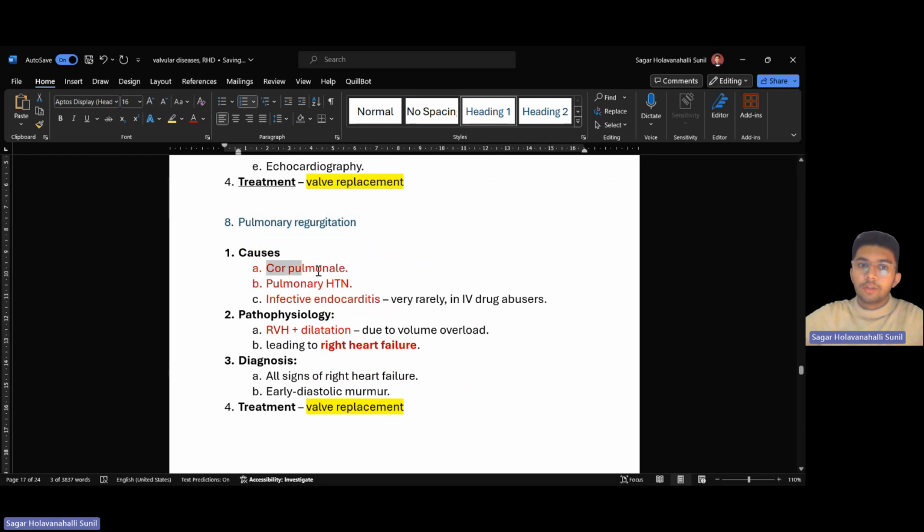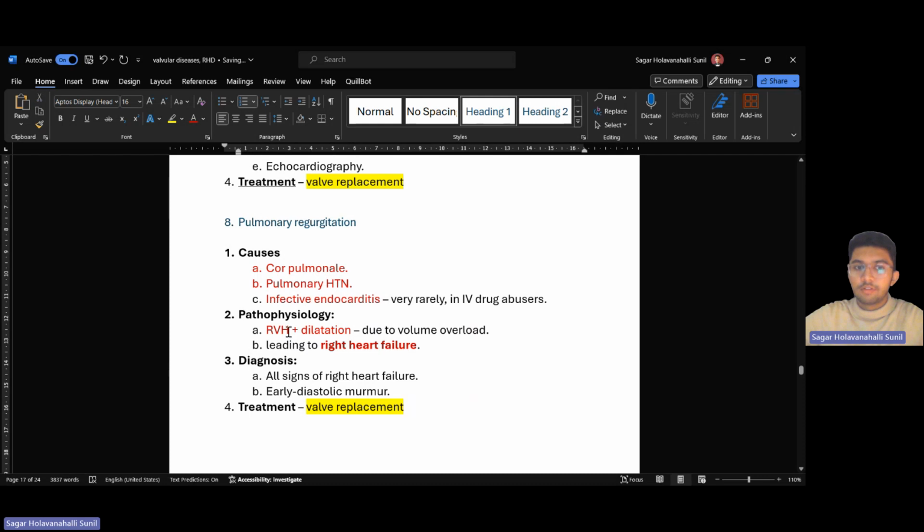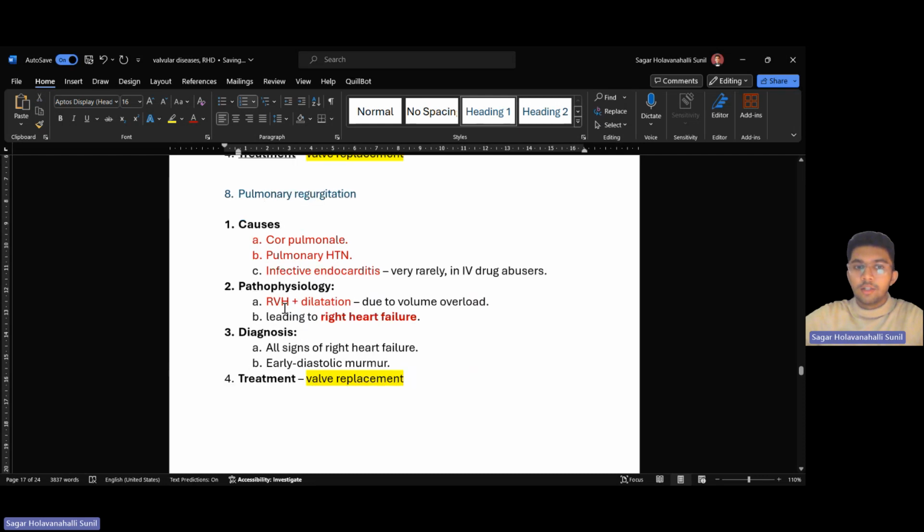The causes of this could be cor pulmonale, pulmonary hypertension, infective endocarditis, again, damage to the pulmonary valve. Now, one interesting fact is that a lot of the IV drug abusers can get pulmonary regurgitation or pulmonary insufficiency.